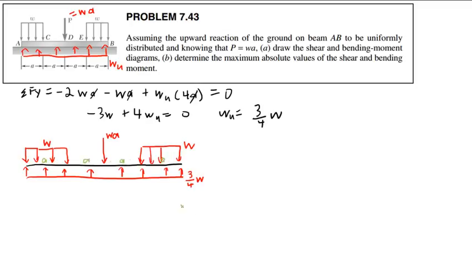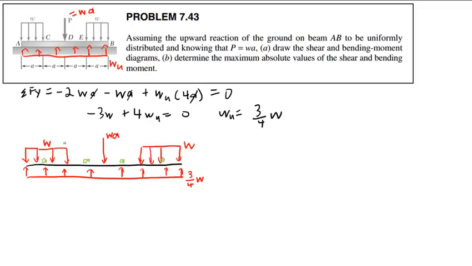Looking at this, how many cuts am I going to need to make? I'm going to need 4 cuts because we have 4 zones, or actually I should say we have 5 discontinuities. I have a discontinuity at each end.